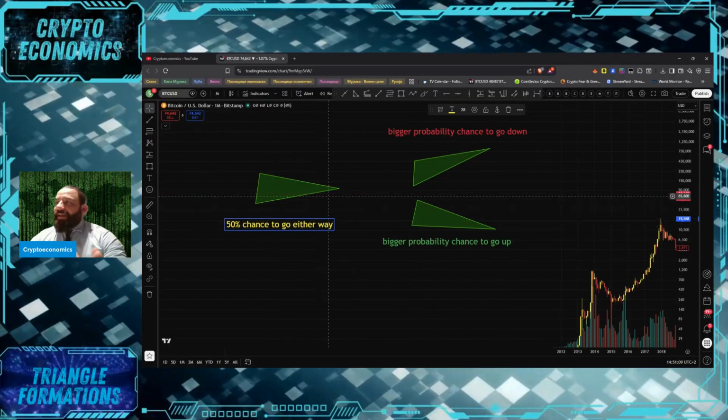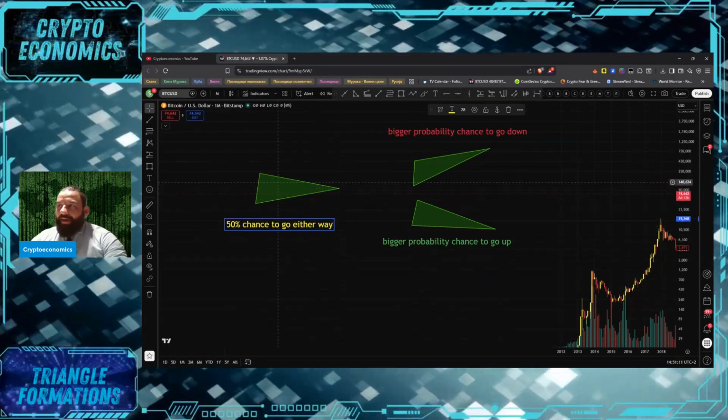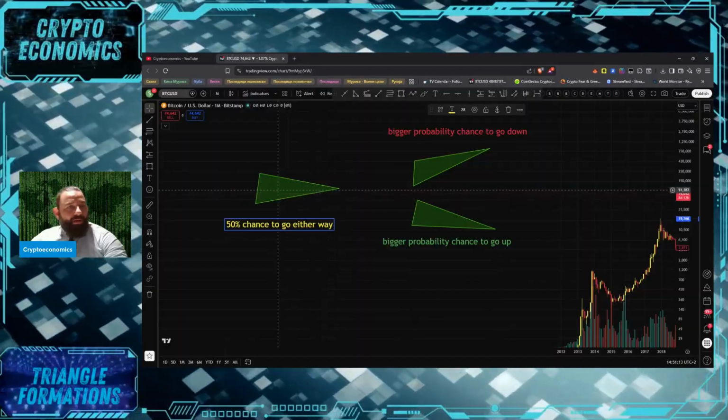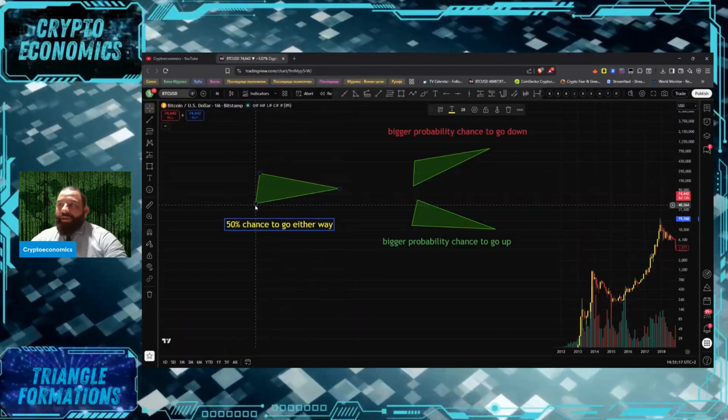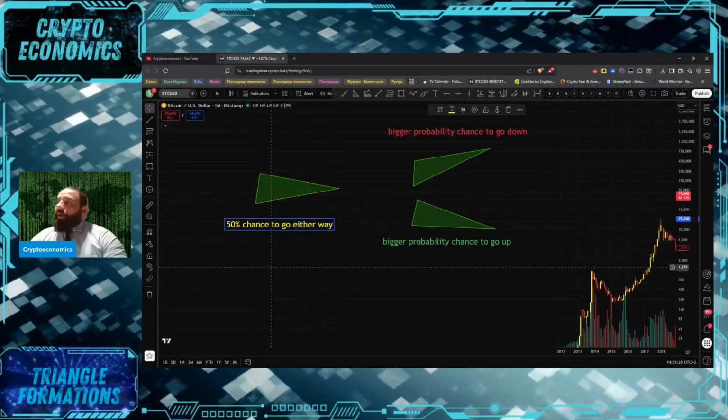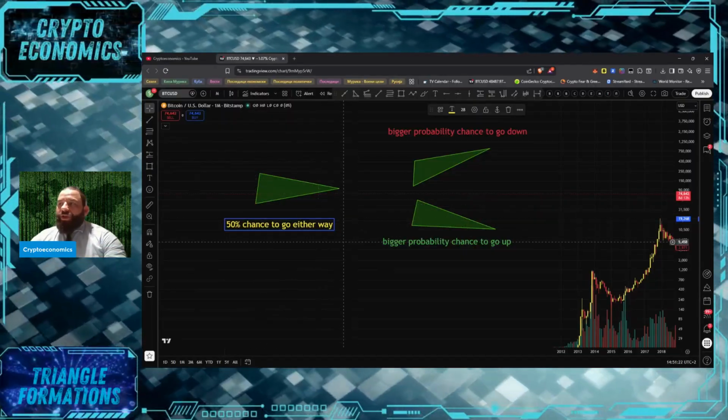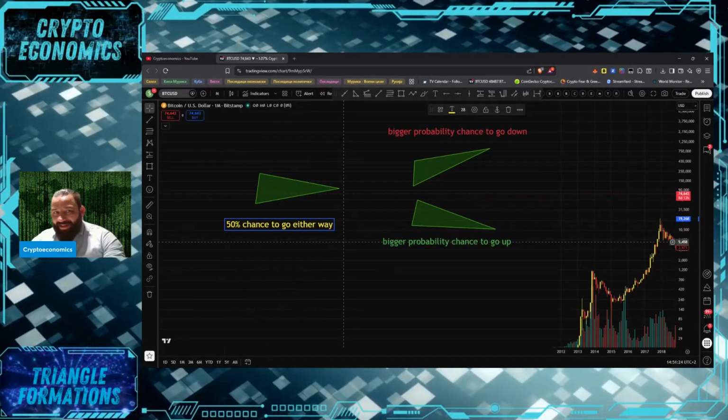If the middle part of the triangle is somewhere between, which means it's practically more or less horizontal between the highest and the lowest part of the chart, the probability of the chart going one way or the other is more or less 50-50.